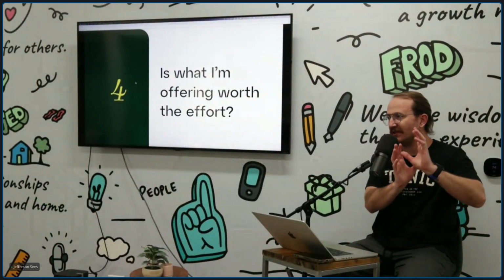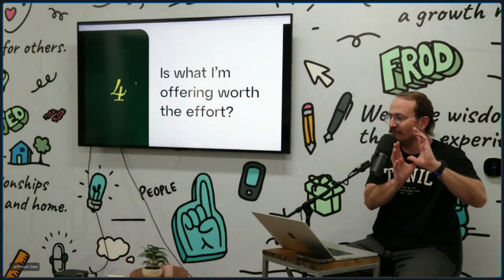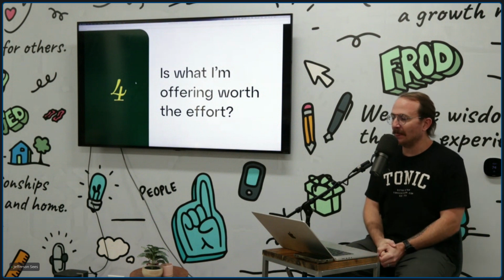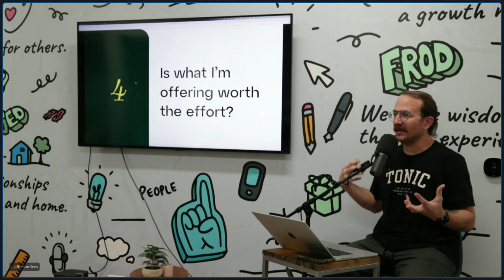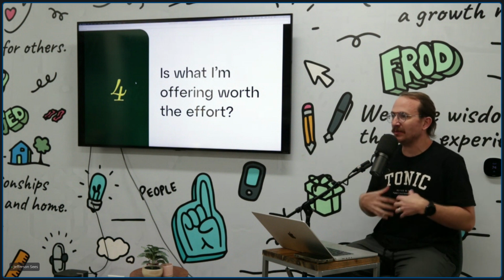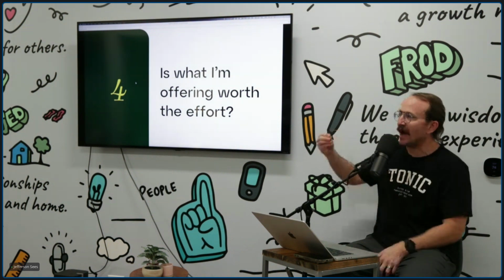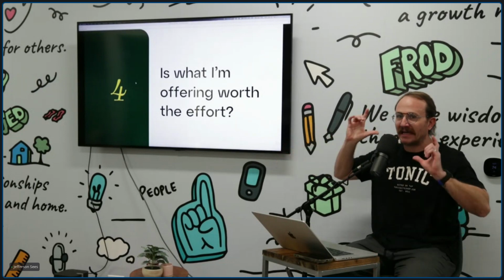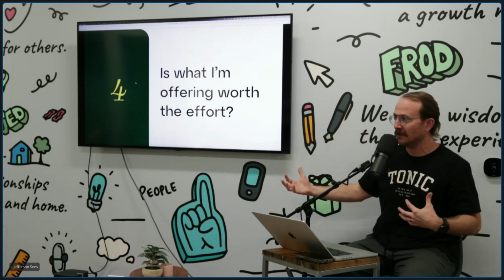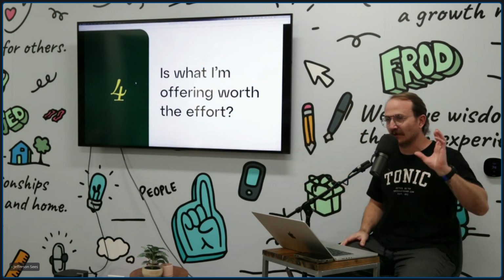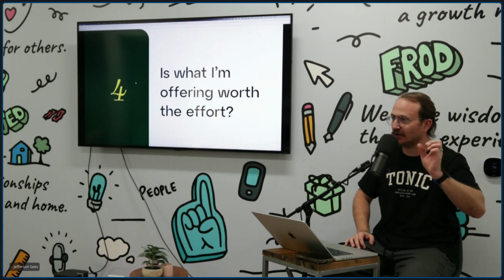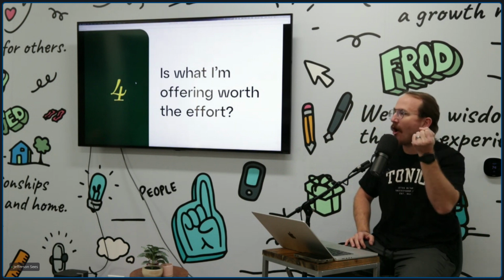So number 4 is: is what I'm offering worth the effort? This goes into the motivation and value part of things, and this is true of products that are being sold, but we as people also assign a certain value number to our own email address and phone number, right? People intuitively put a price tag on that. I think there was some research that said it's right around $15 to $25, if you're looking for a hard number.